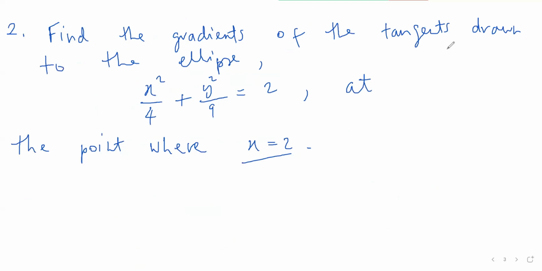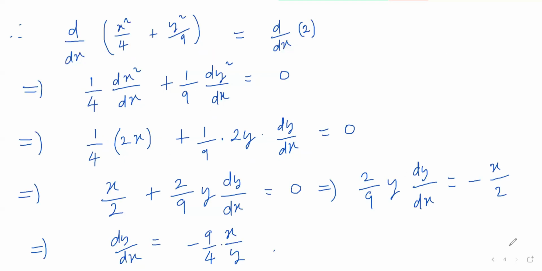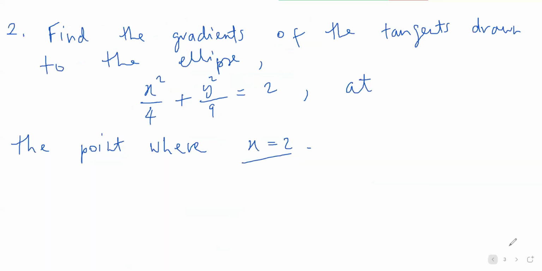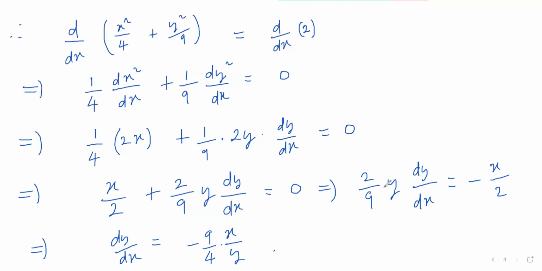So now we have to find the corresponding y values for the points where x is equal to 2, so that we can then substitute x and y in order to determine dy dx at those points.